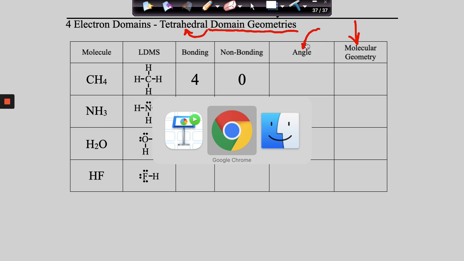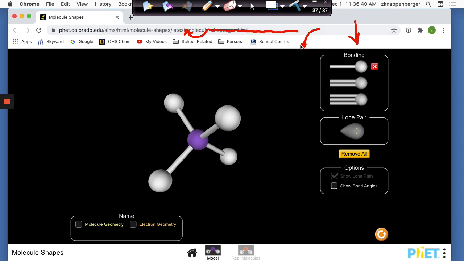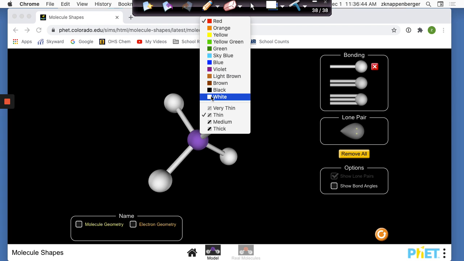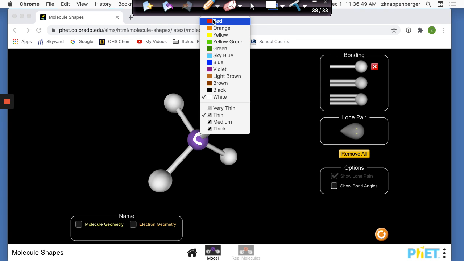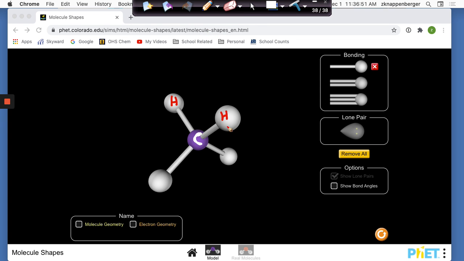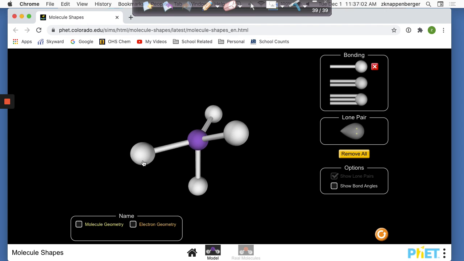Well, guys, to answer that question, let's jump over here and take a look at a model of this molecule. So this is actually CH4. This is our C. Each one of these represents a hydrogen atom. And guys, looking at this CH4 molecule, you'll notice that this is our example of something that is tetrahedral.